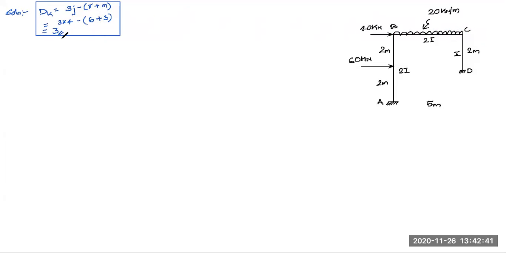So the degree of kinematic indeterminacy is now identified. So here are the unknown displacements. Once the degree of kinematic indeterminacy is known, we can write the unknown displacements: theta B, theta C, and delta.